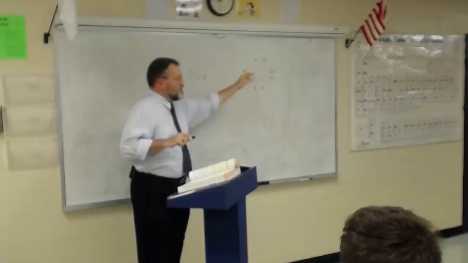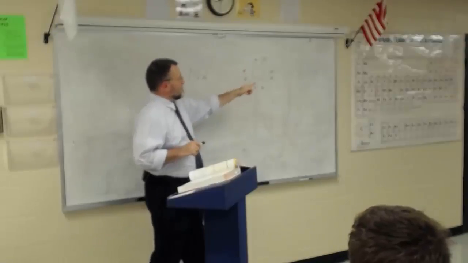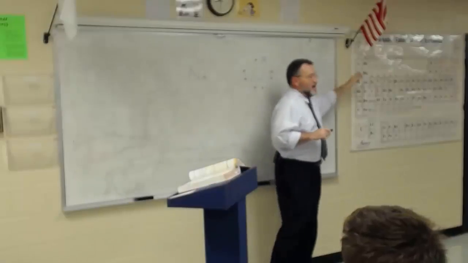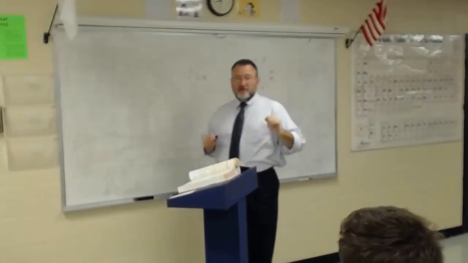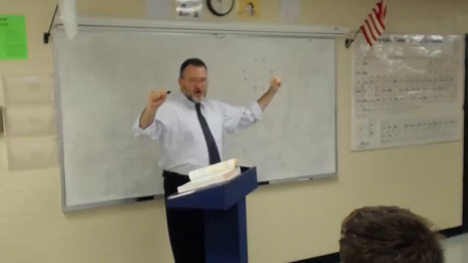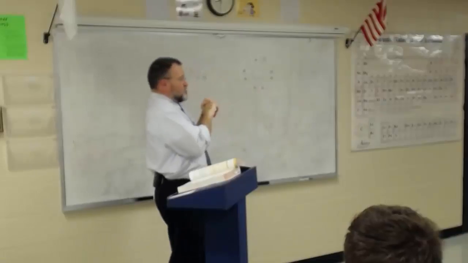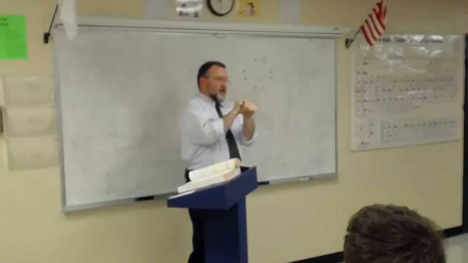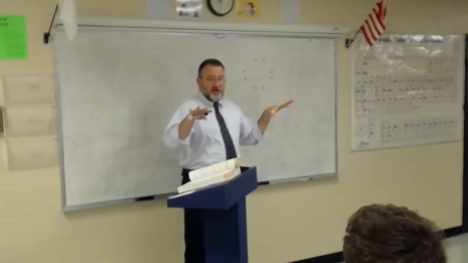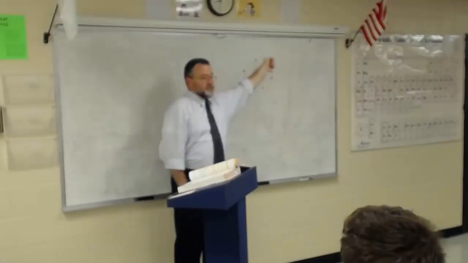How many protons did it have? How many protons did sodium have? 11. How many electrons did sodium have? 11. I've got 11 positives and 11 negatives. What's its net charge? Neutral. It has no charge. Every positive has a negative. They balance each other out. No charge net.